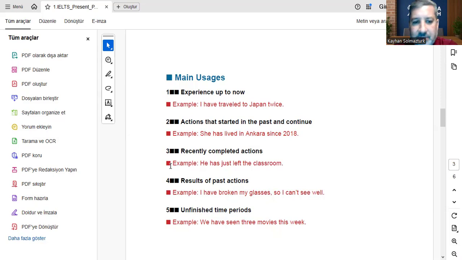And the third usage is about recently, means just now, just new. It hasn't been a very long time. Newly completed actions, so it means recently completed actions. He has just left the classroom, right?